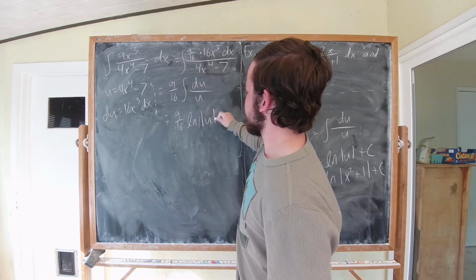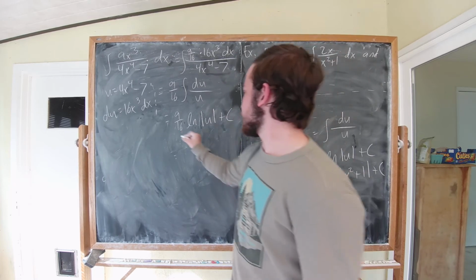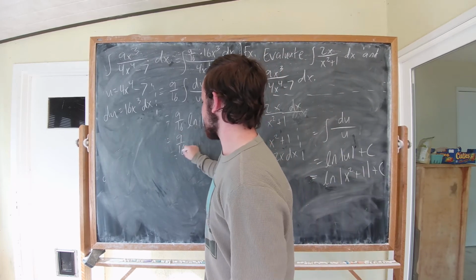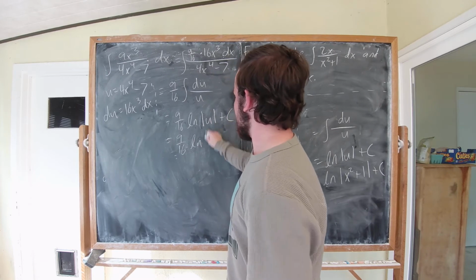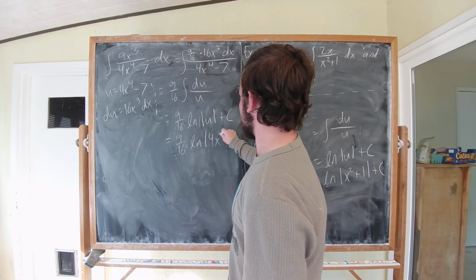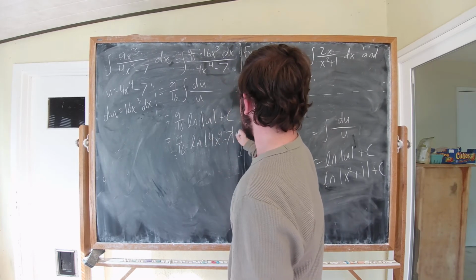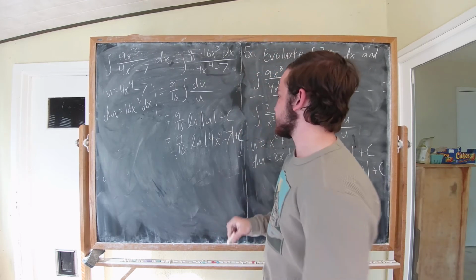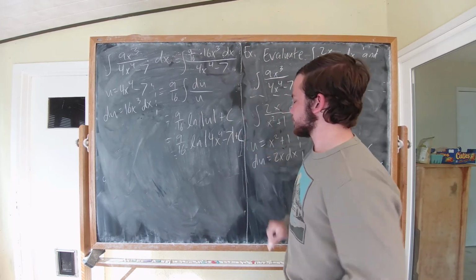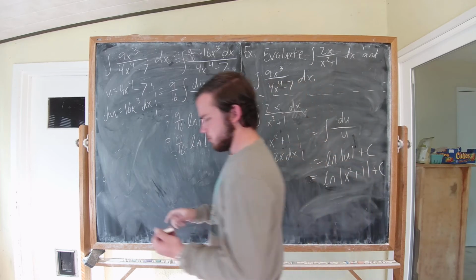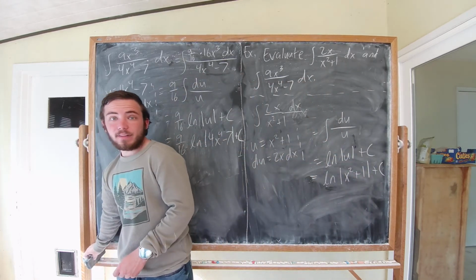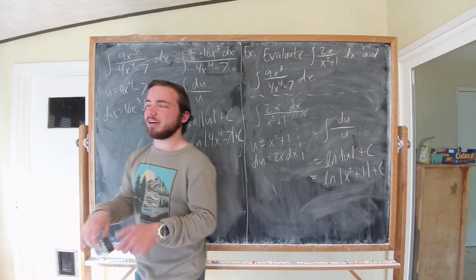That's the value of u. Plus c, which is 9/16 times the natural log of the absolute value of 4x to the fourth minus 7 plus c. Bingo. Let's do one more example, then an initial value problem, and then we'll call it good.